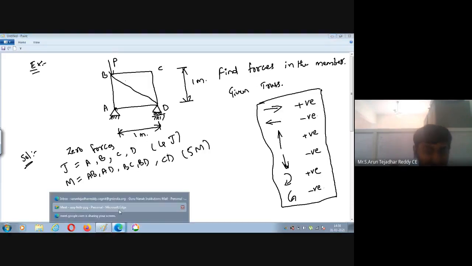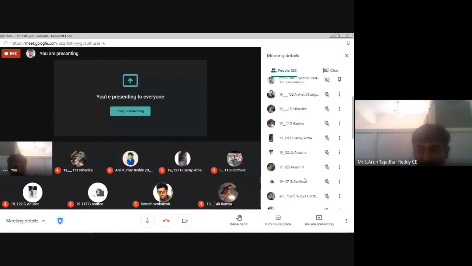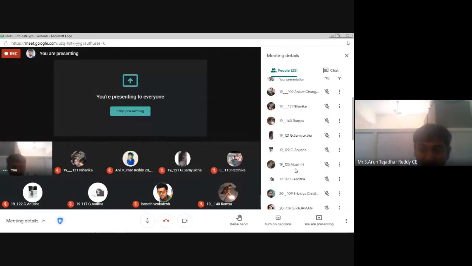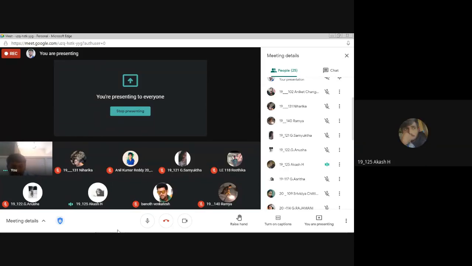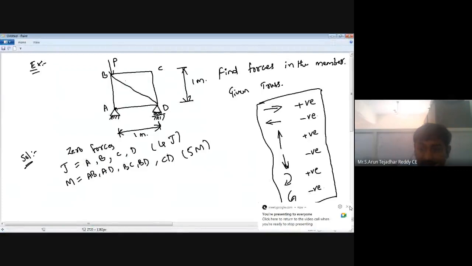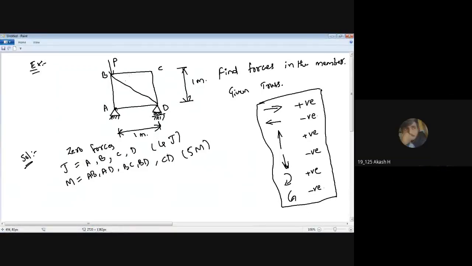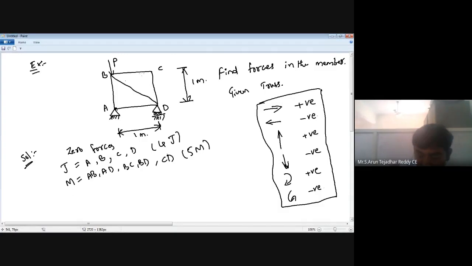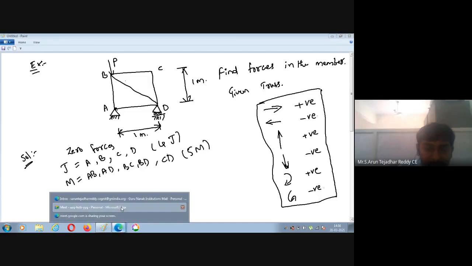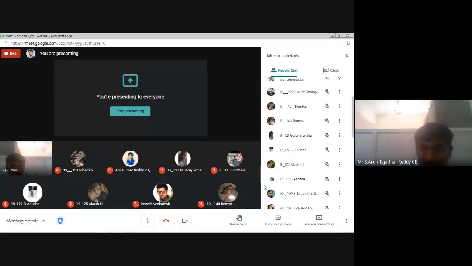Once remember your method of joints. 125, Akash. Yes, sir. Akash, once observe this diagram. In this diagram, is any member force getting zero? Just think whether it is correct or wrong, it doesn't matter, but you have to open your mouth. Say yes or no, Akash.